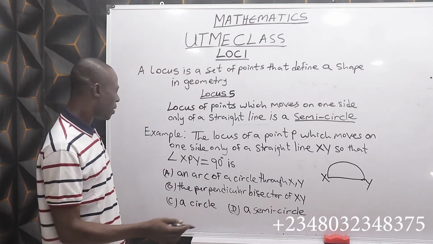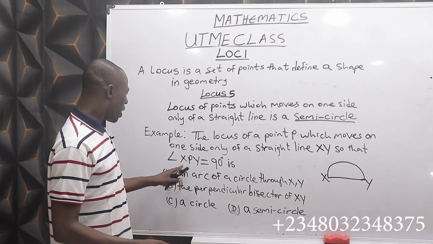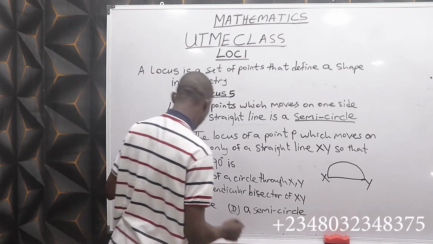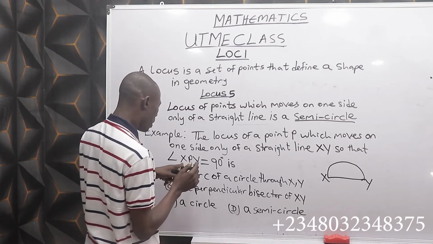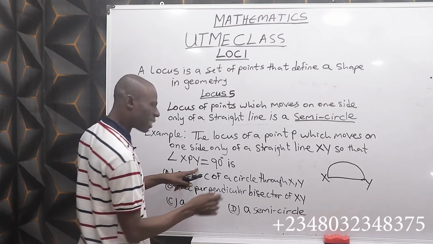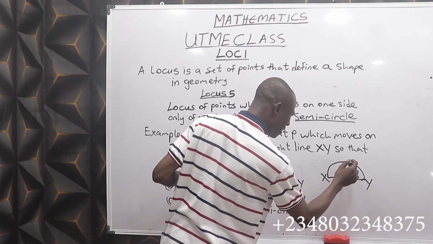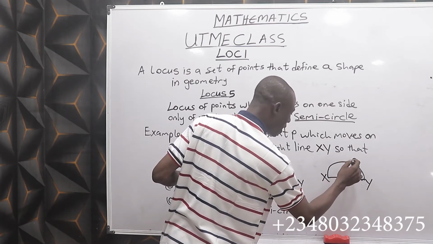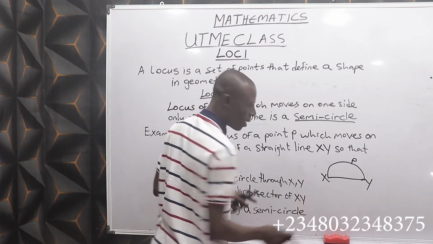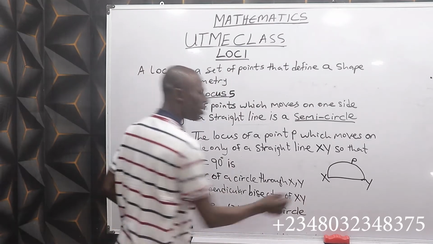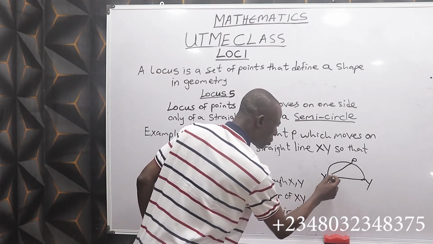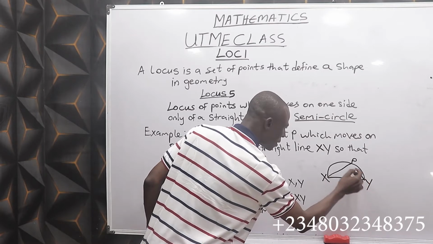Along the arc. The description here now is that angle XPY is 90 degrees. Wherever you put P along this arc, let me put it here, and if you like, you can put it anywhere. Wherever you put it, form an angle there, like this.